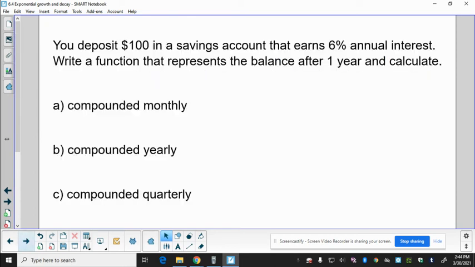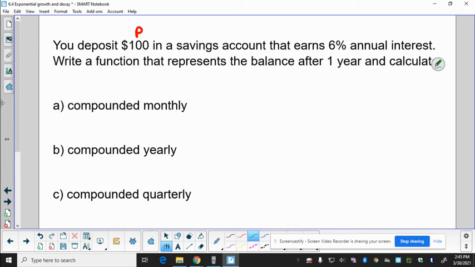Okay, here we go. You deposit $100. So what I'm going to do is I'm going to put some notes on here. $100 is your principal, okay? In a savings account that earns 6% annual interest.